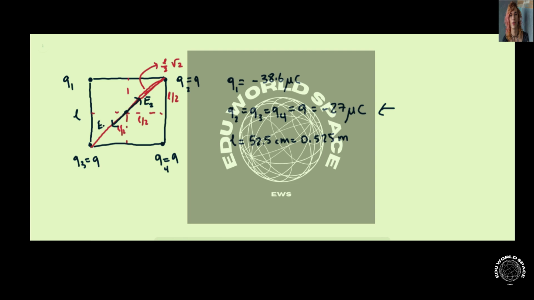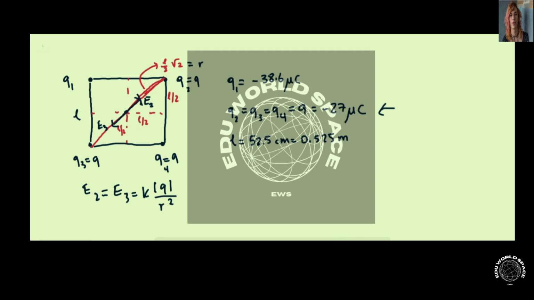So this is E3. When you look at the magnitudes, E2 is going to turn out to be equal to E3. That equals K times the absolute value of Q, divided by R squared, where we call this distance R.